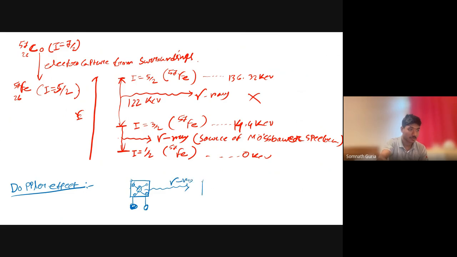We have a sample over here, which is rigid, and we have a detector over here.